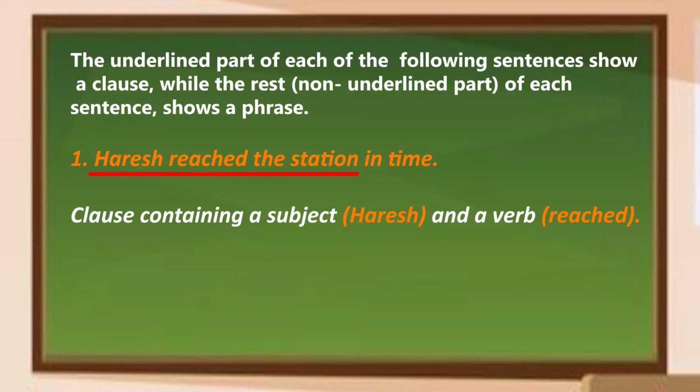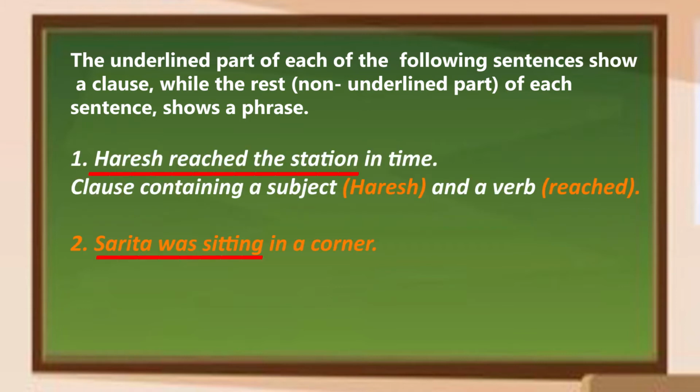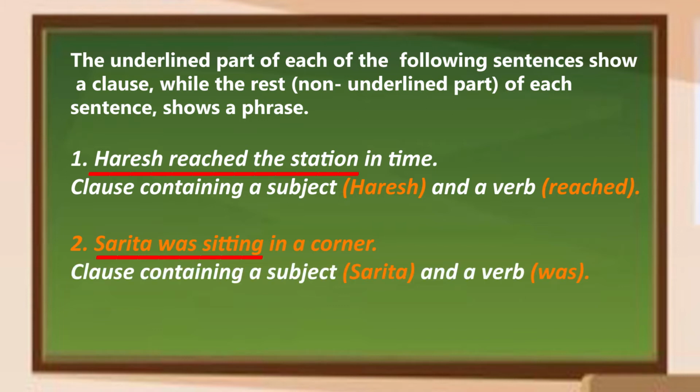And the verb is reached, which tells us that in time is the phrase in the sentence. Let's look at sentence 2. Sarita was sitting in a corner. Sarita was sitting, that's the clause, because we have the subject Sarita and the verb, what is the verb? Was. Alright? We have the verb was.